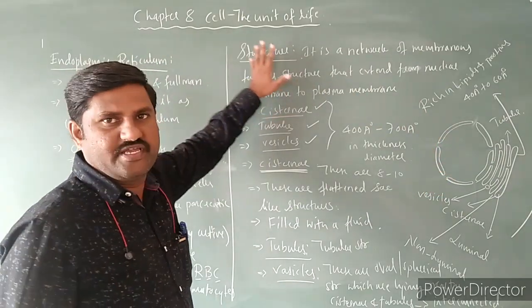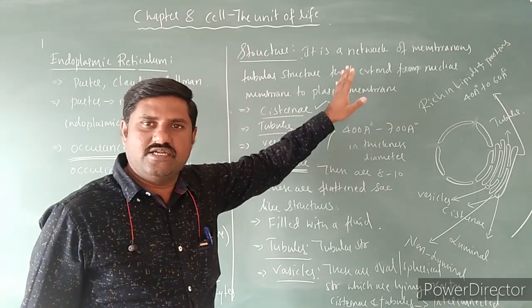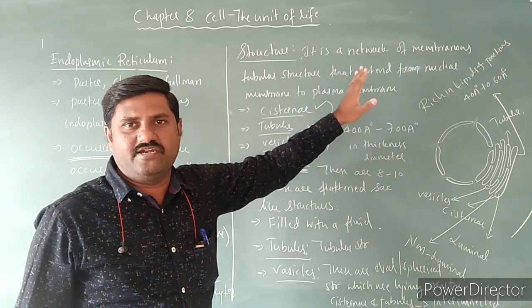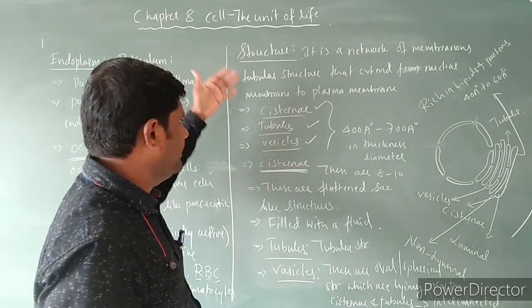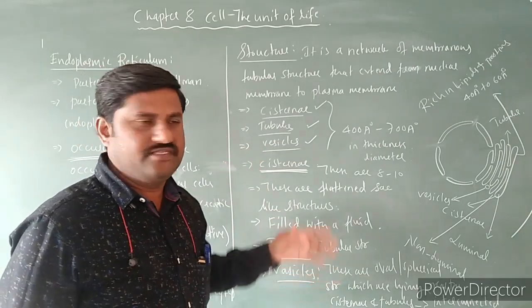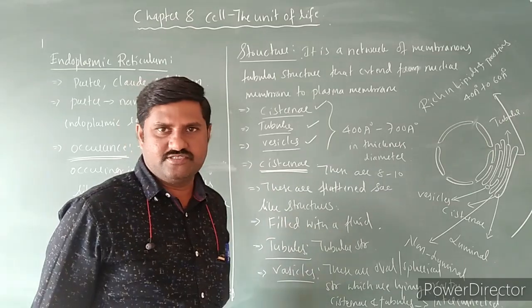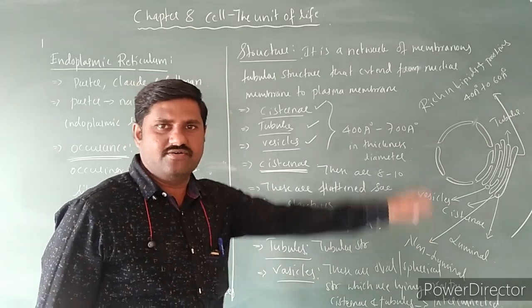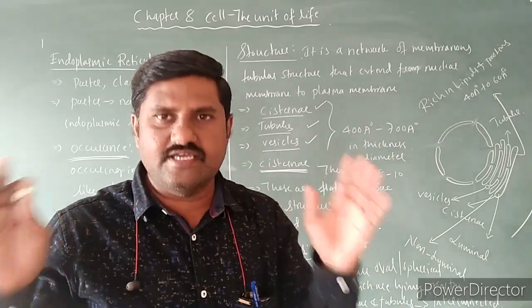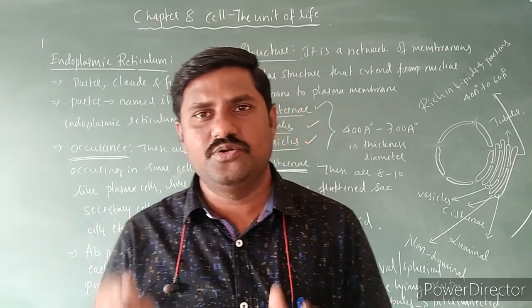So this endoplasmic reticulum is nothing but a network of tubular flattened structures, and they contain three components: cisternae, vesicles, as well as the tubules. What these structures are and how the membrane is, all these are the things that we come to know.